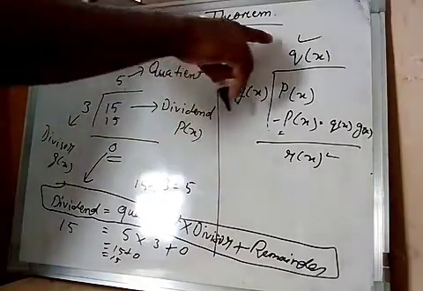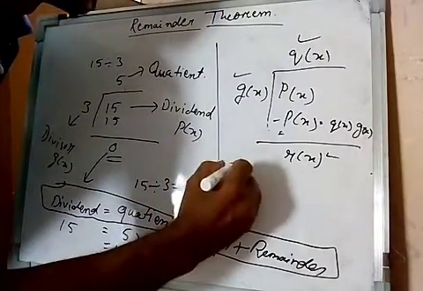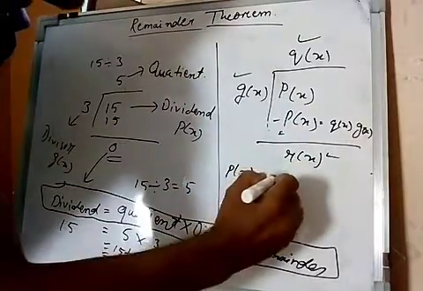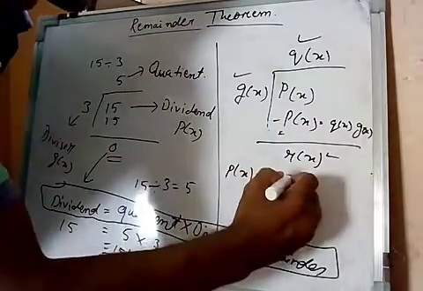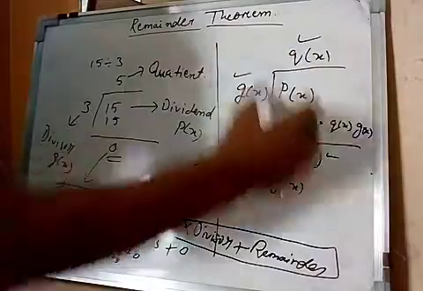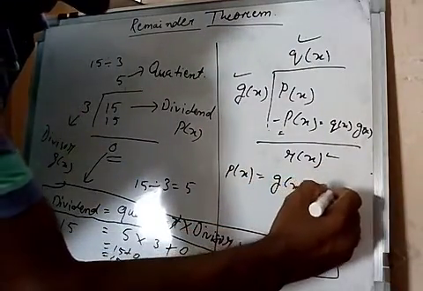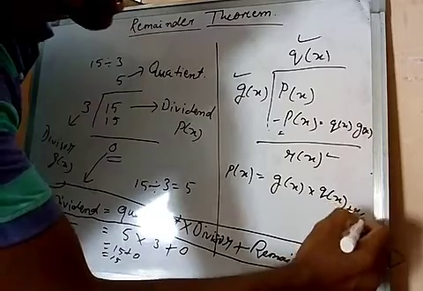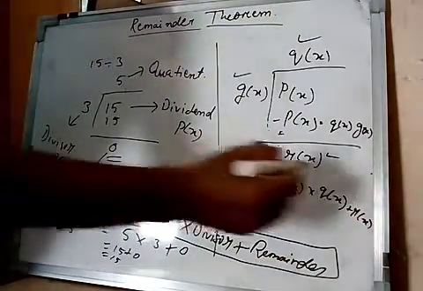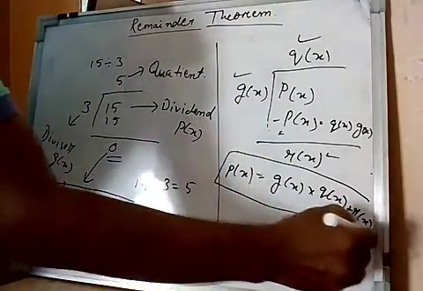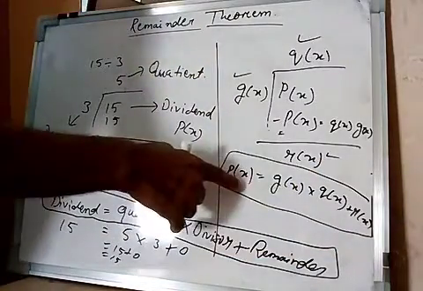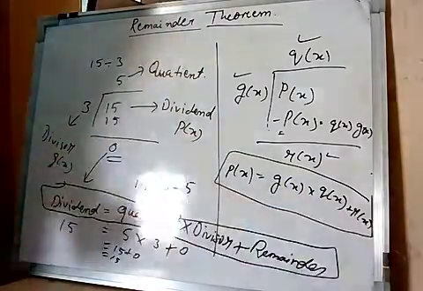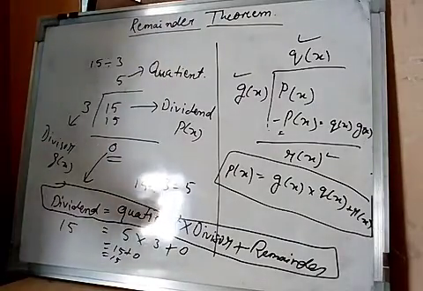So you can put here also p(x) is the dividend, g(x) is dividing, and the answer is q(x) as the quotient plus r(x) as the remainder. The same formula we can arrange this way: p(x) equals q(x) multiplied by g(x) plus r(x), where r(x) is the remainder.